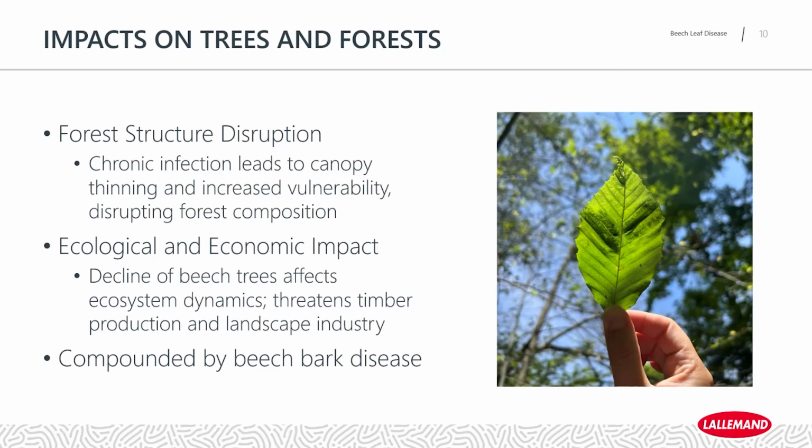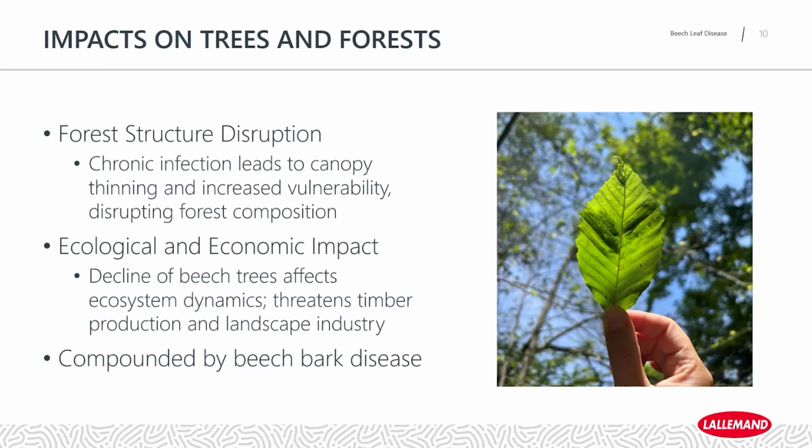And if we look at the landscape or forest level impact, the chronic infection of beech leads to canopy thinning and increased vulnerability, which can affect and disrupt forest composition. I mentioned this at the beginning of the presentation, but beech is a very important tree on the landscape, especially from an ecological point of view. So the decline of beech really impacts ecosystem dynamics, especially when you're considering what an important mast tree and wildlife tree it is.